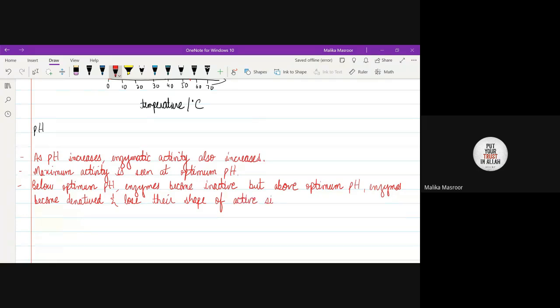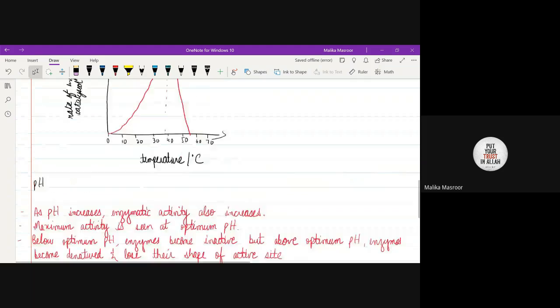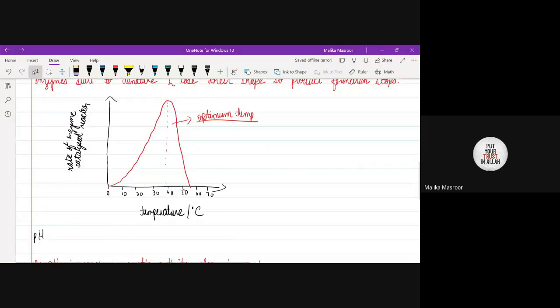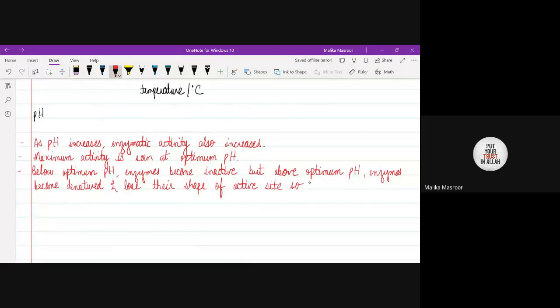And since again your enzyme and substrate are no longer complementary, product formation stops. Just like here. So product formation stops.